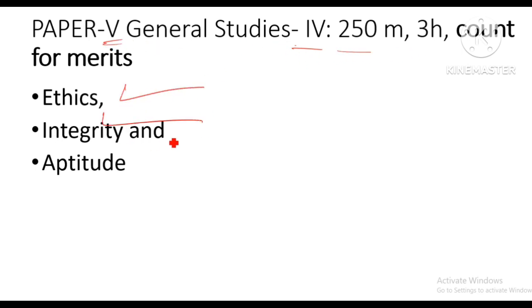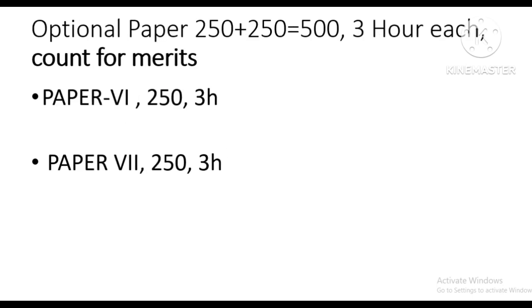Ethics, integrity and aptitude will be there. And next, the optional papers. There are 2 optional papers, 250 marks each, that is paper 6 and paper 7. 250 marks will be there and 3 hours will be given to write the paper, and paper 7 is also the same. So the total number of papers which count for merit is 7.